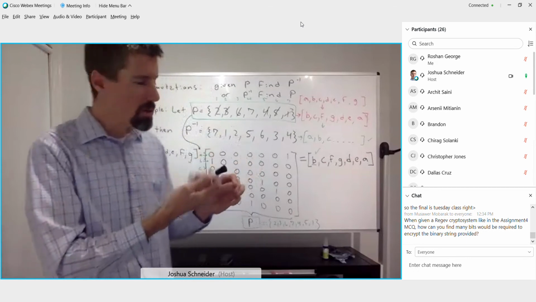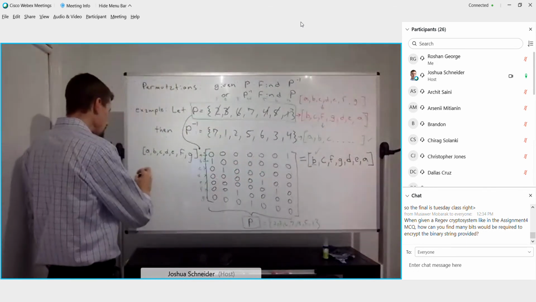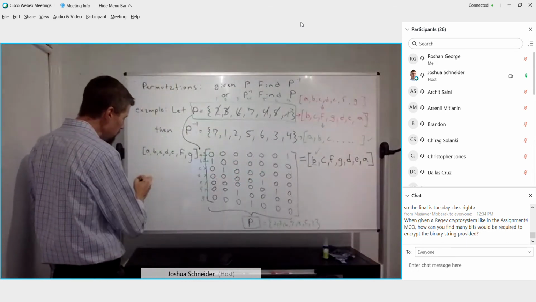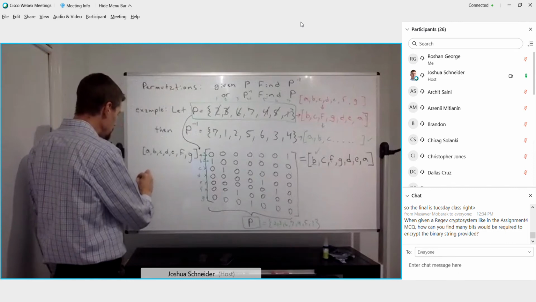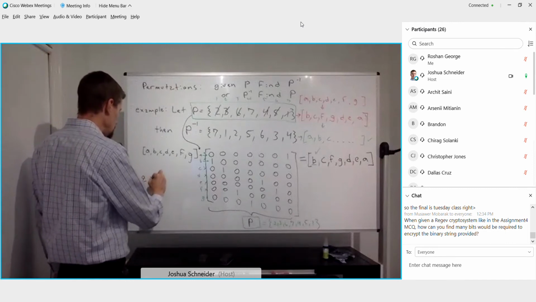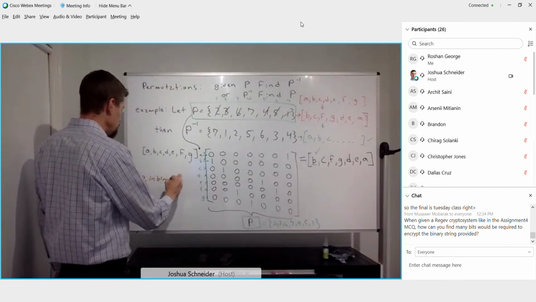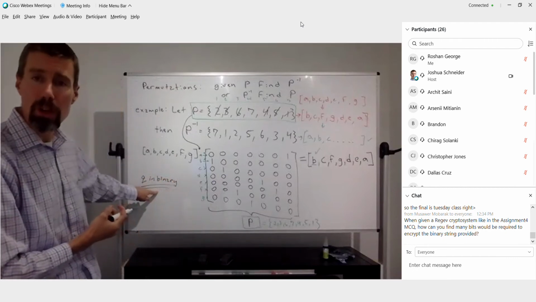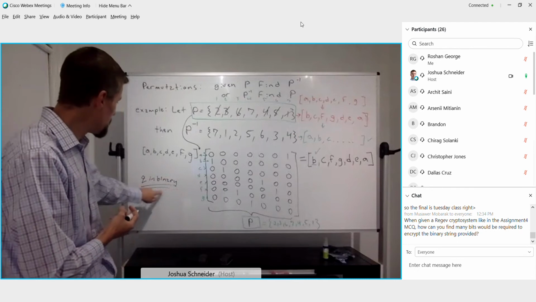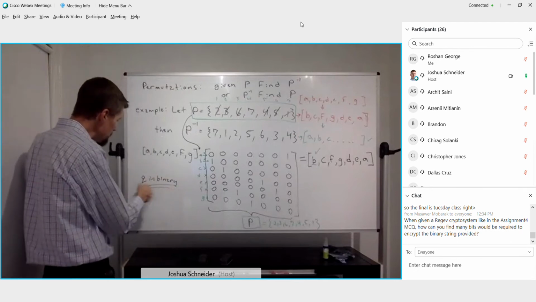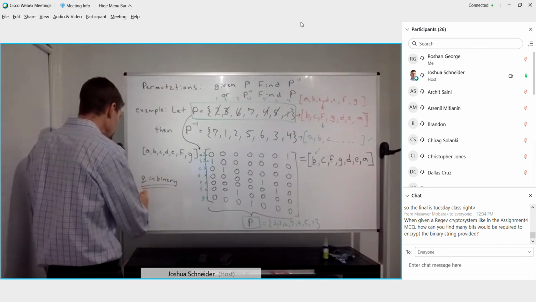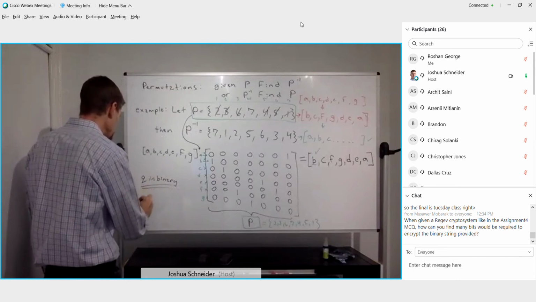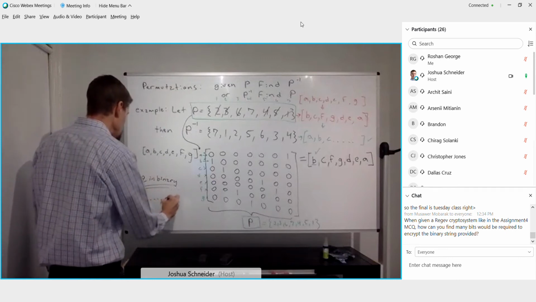So you want to look at the binary representation of Q. That'll give you an overestimate of the maximum number in bits, because really any residual mod Q is going to be in the range of 0 to Q minus 1.